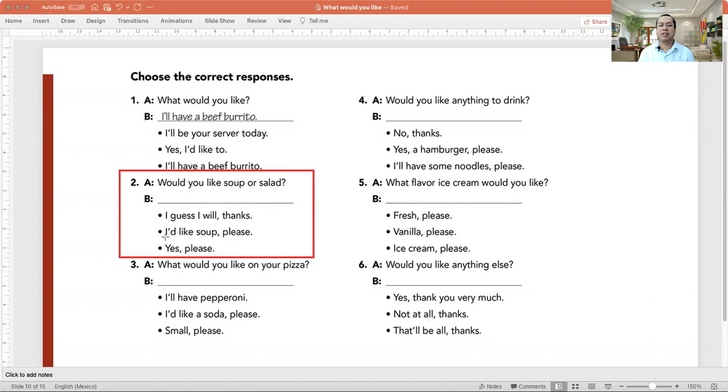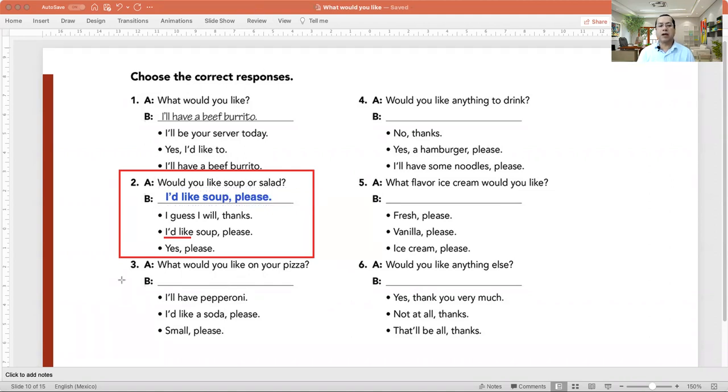As you can see, this is the one that is proper because it's asking me if I want to order something. So this is the one that we're going to put right here. I'd like soup, please. There's a comma there, and then we just write please at the end. Okay, period.